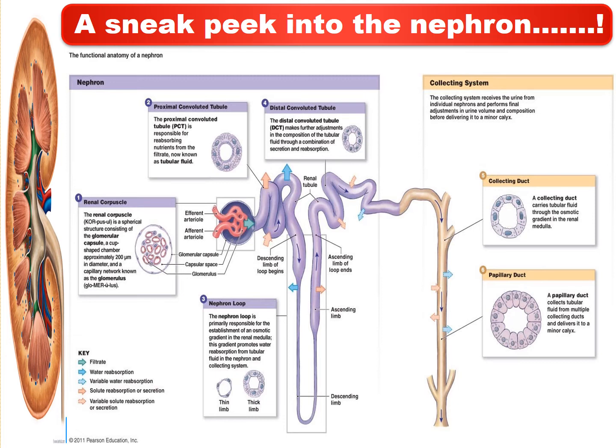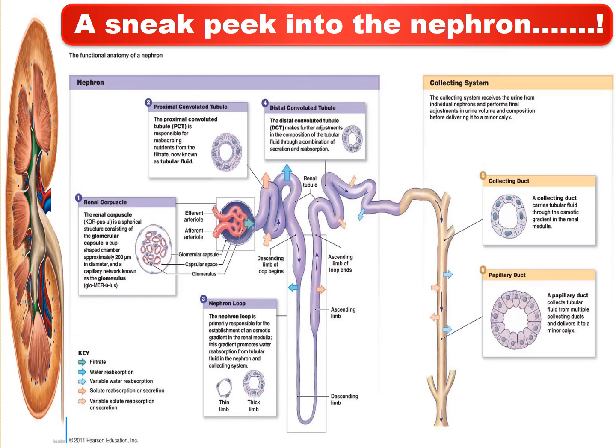The first point is the renal capsule. From here we will start the description of the nephron. The renal capsule is a spherical structure consisting of the glomerular capsule, a cup-shaped chamber approximately 200 micrometers in diameter, and a capillary network known as the glomerulus.